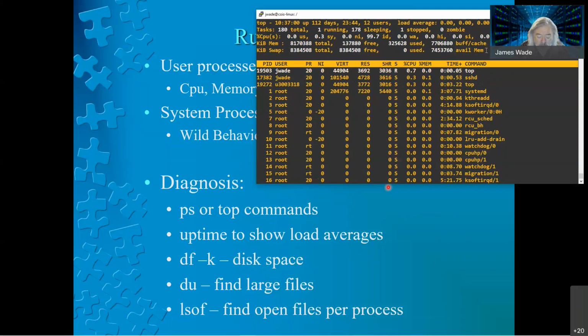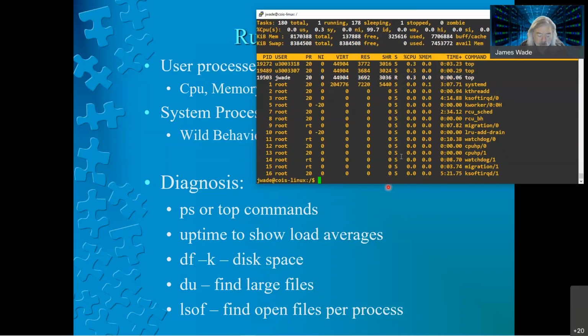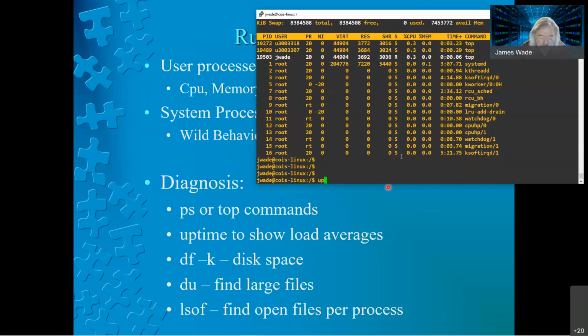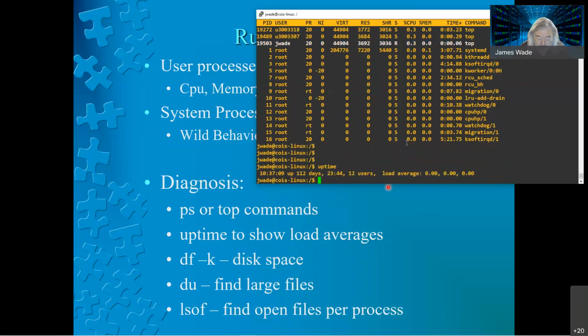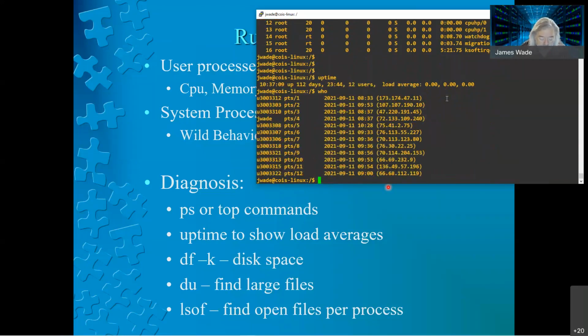I can also look at my overall resources up here. Another command we look at is uptime, okay? We look at these load averages. This is the load average of the system. The higher the load average, the worse it is. It also tells us the number of users. I got 12 users. Let's see. There we go. Looks like I got a few more logged in.